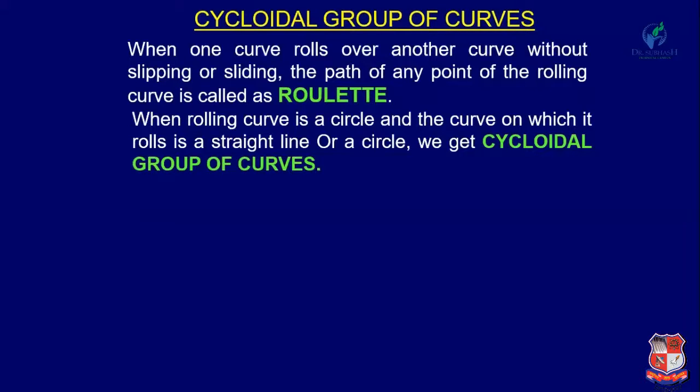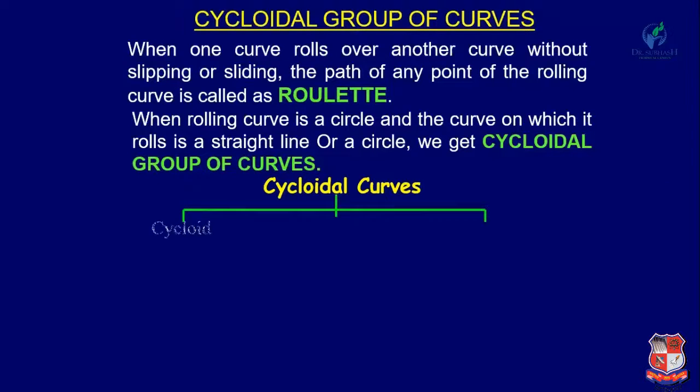So if the rolling curve is a circle and it rolls on either a straight line or a circle, then the path of any point on that rolling curve is known as a cycloidal group of curve. Now, classification of cycloidal group of curves.